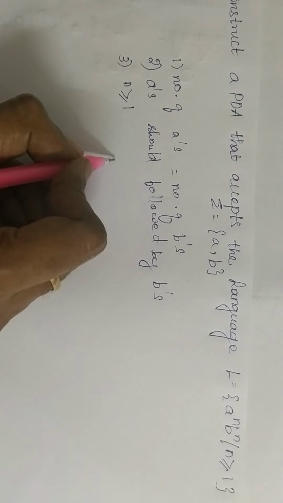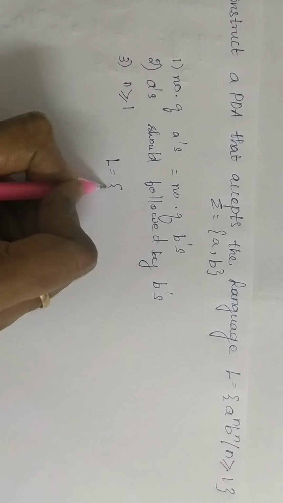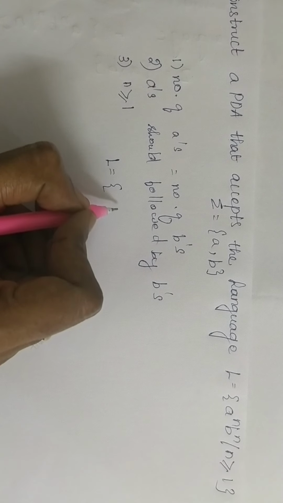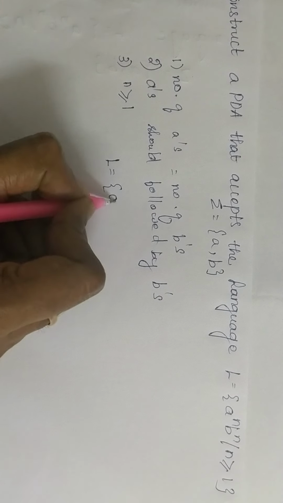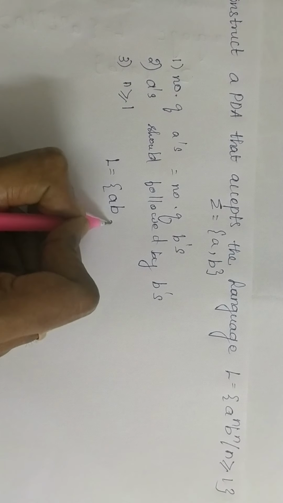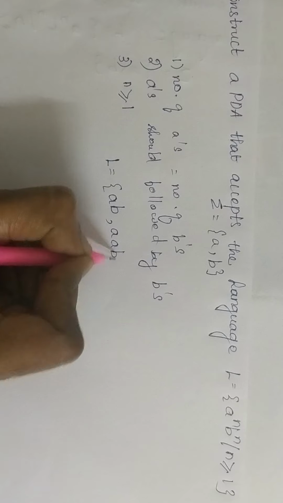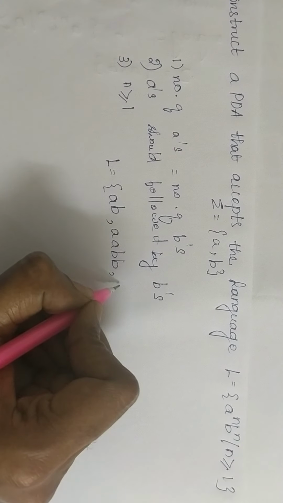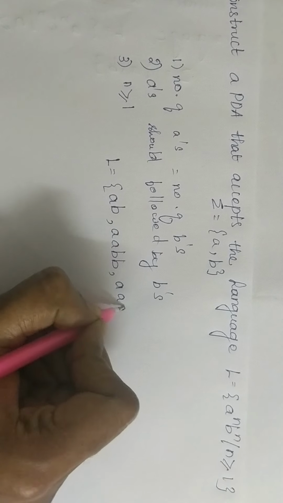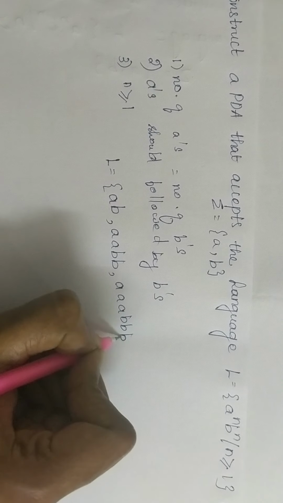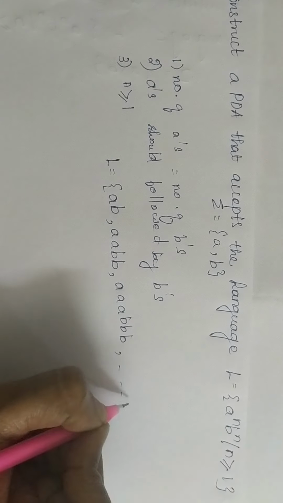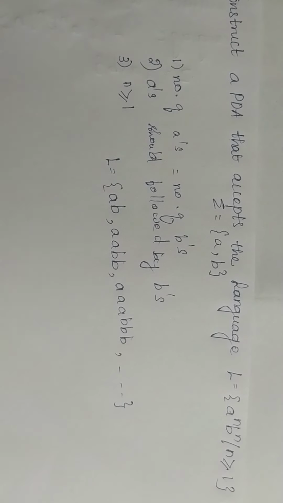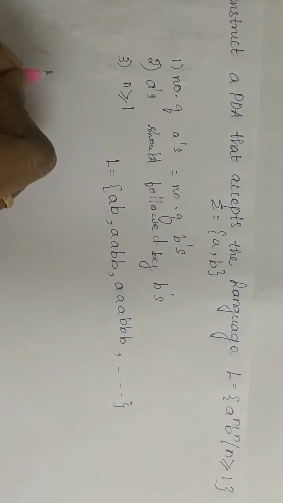Now we can write the strings of the language L. If n equals 1, we get A B. For n equal to 2, we get A A B B. Then A A A B B B, and so on. In this way we can write the strings of the language.